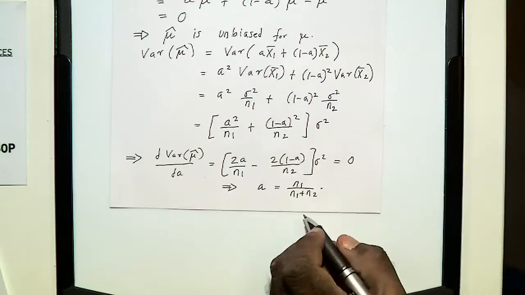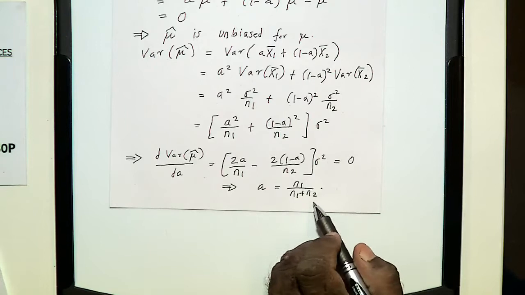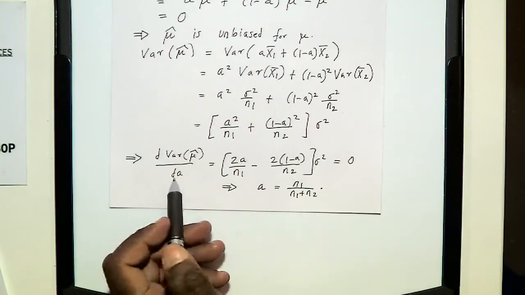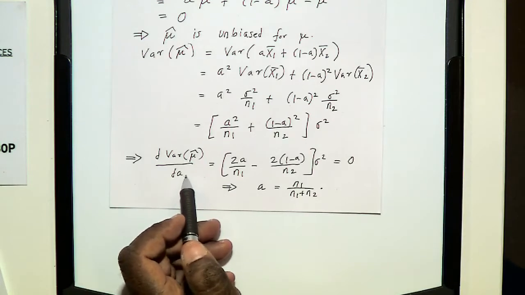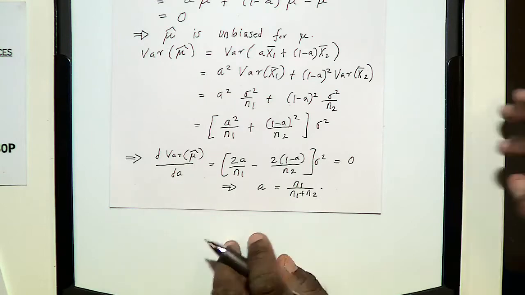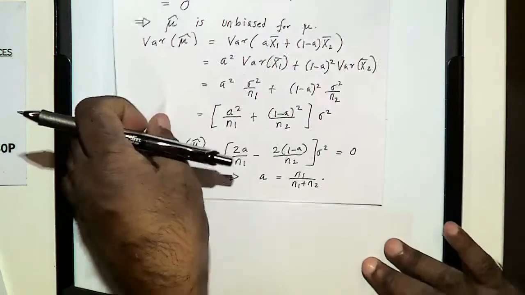Now, to make sure that this solution corresponds to a minimum, you need to find the second order derivative and show that it is positive, right? So let's find the second order derivative with respect to a.